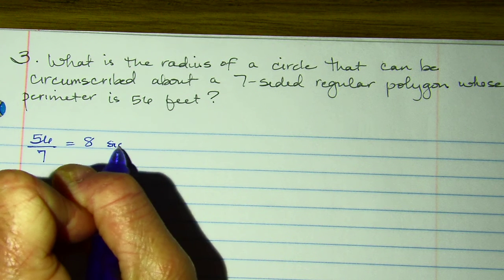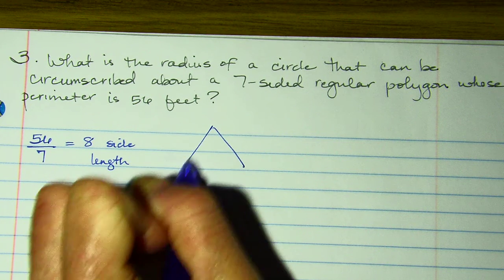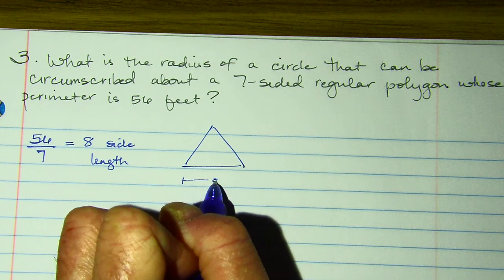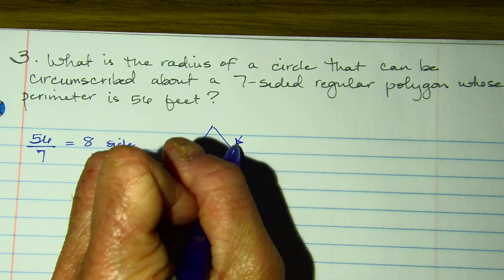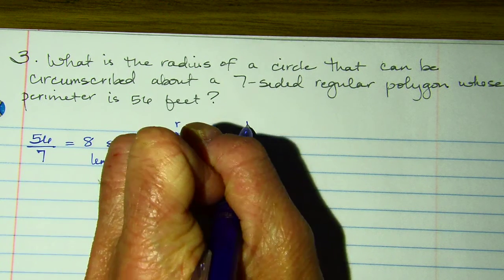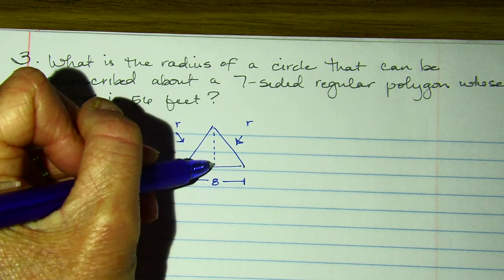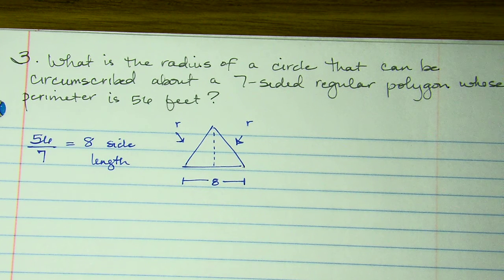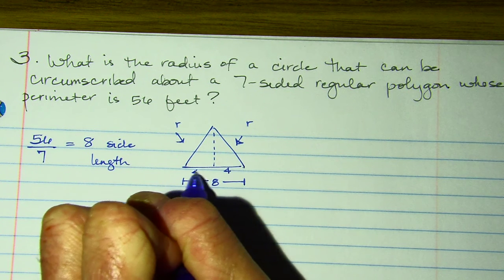So that is my side length. So they're telling me from here to here is 8, right? And I know that these are my radius. So I'm going to put this down here. I'm looking for the radius. So I know that this is 4 and this is 4.